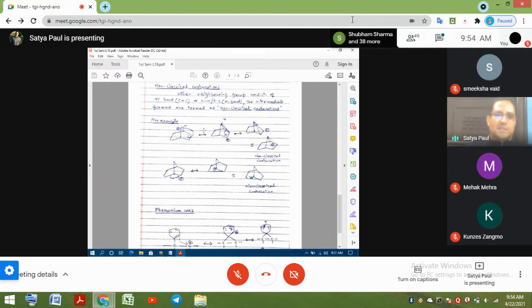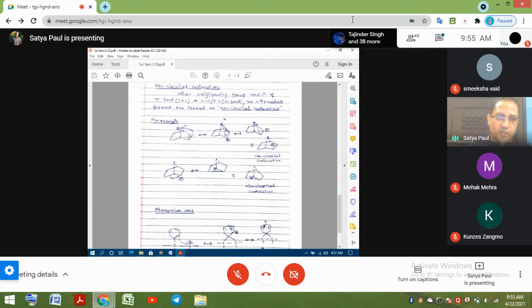Okay. Now this is a carbocation, this carbon, which is this one. This carbocation is close to the carbon-carbon double bond. So this carbon-carbon double bond attacks the carbocationic carbon. You see, this can go two ways, either here or here.